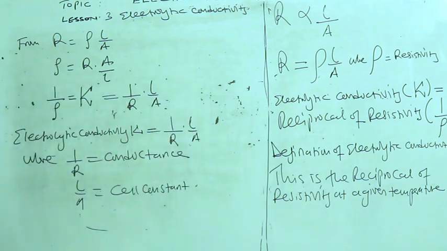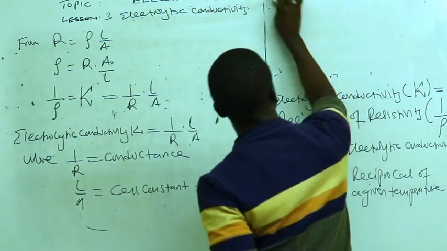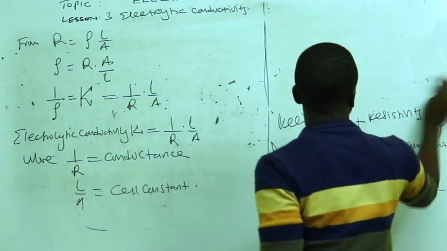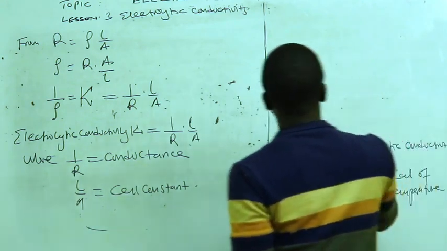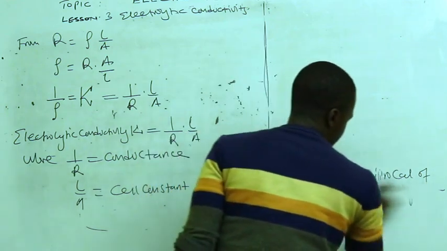Therefore, someone can say that electrolytic conductivity is actually conductance times cell constant.